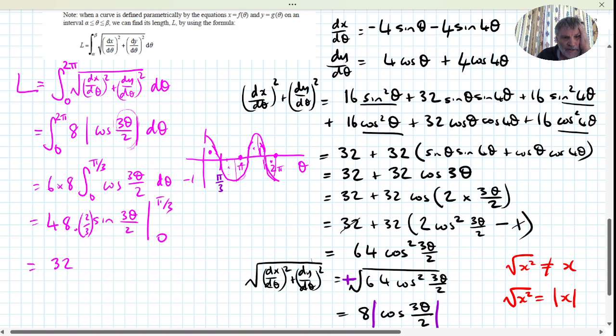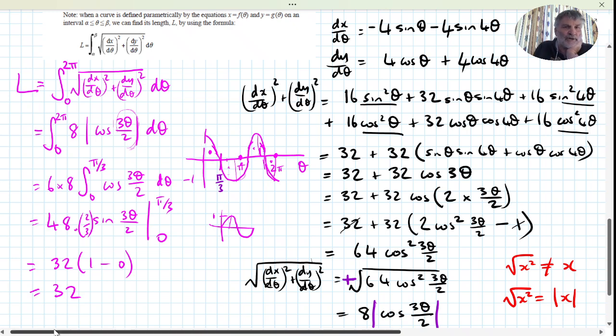Sine of pi over 3 times 3 over 2, the 3's cancel, so it's sine of pi over 2. Sine of pi over 2 is this value up here, it's 1. So this is 1 minus 0. So final answer, you get 32.